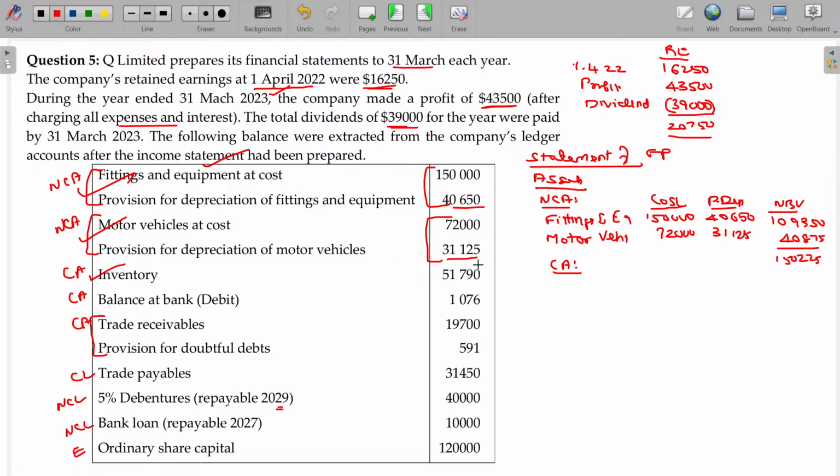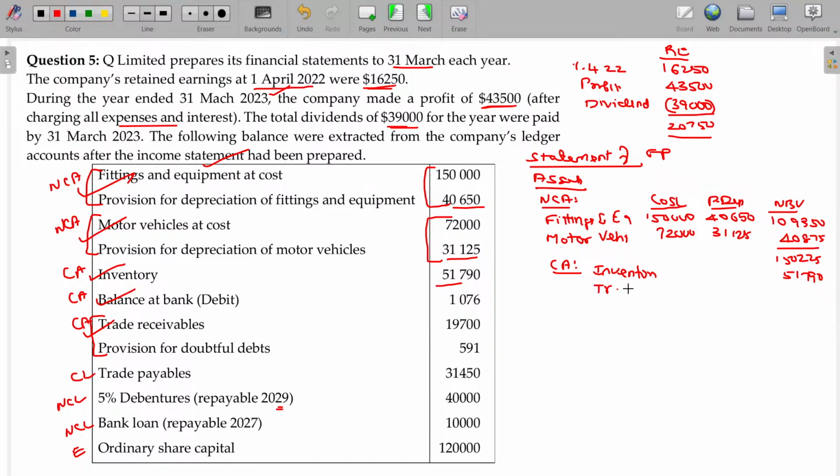In current assets, we have inventory. 51,790. Bank balance. Usually you can finish up trade receivables first and then you can write the bank balance.